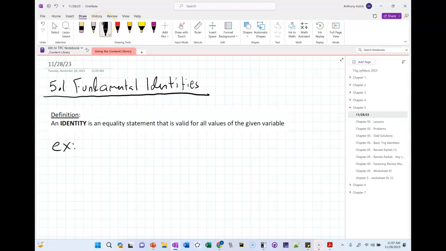So let's look at some examples of some things that we'd consider identities. Is that an identity? Yeah, right? That's true for all values of x. 2 equals 2, 3 equals 3, 0 equals 0, 1.65 equals 1.65.